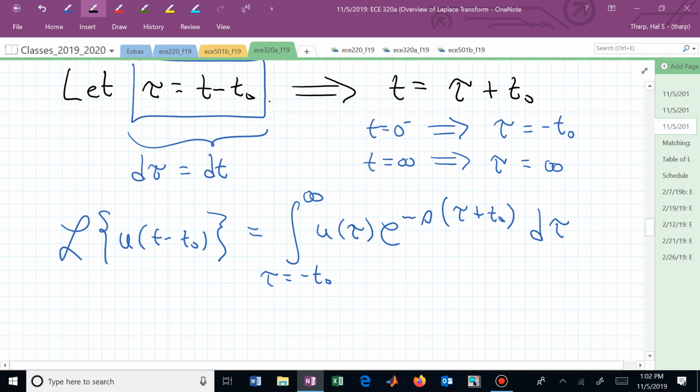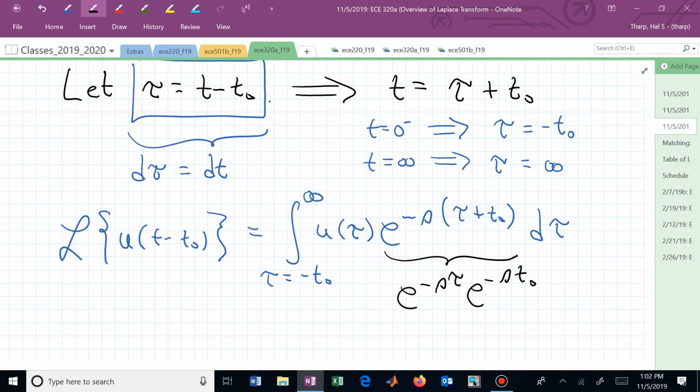I can actually clean this up a little bit if I break that into two exponentials. I have this sum in the exponent, so I can now just say the product of two exponentials. I can say this is e to the minus s tau, times e to the minus s t naught. And s is a variable independent of the variable of integration, as is t naught.